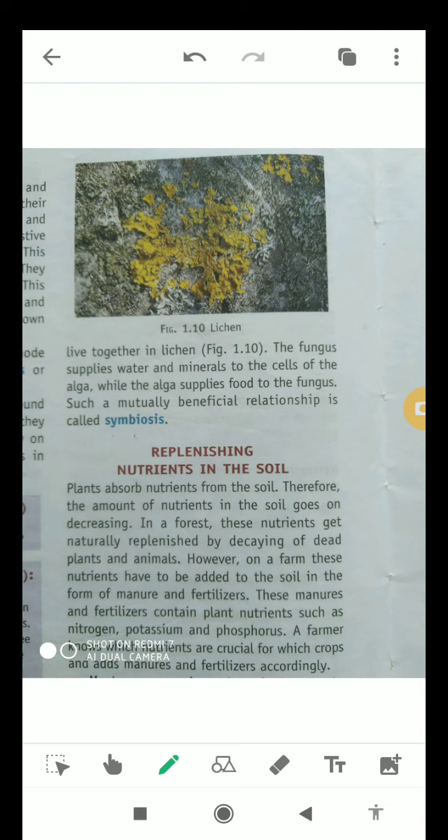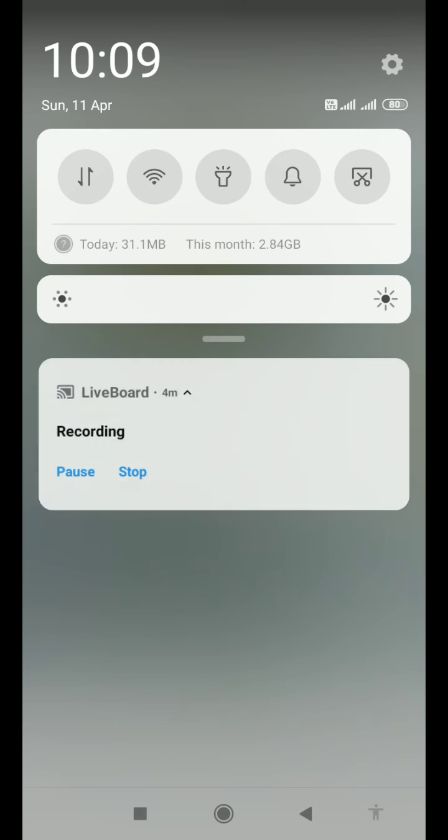So this mutually beneficial relationship is also known as symbiosis. As you can see in this diagram, the picture of lichen is given, and in this both alga and fungus benefit each other.